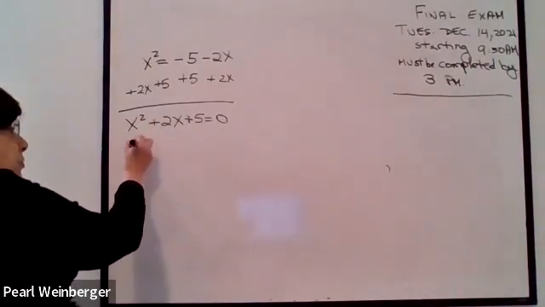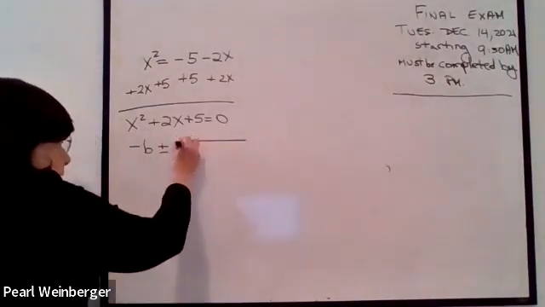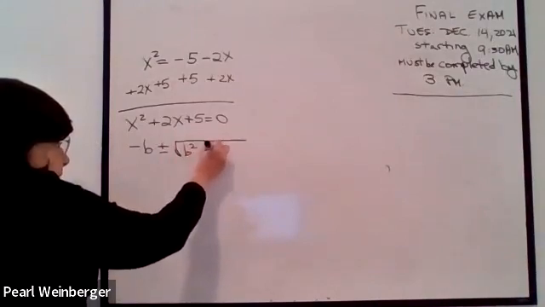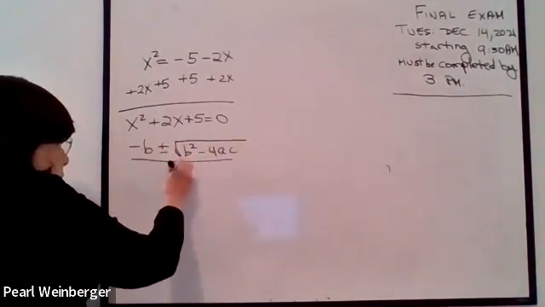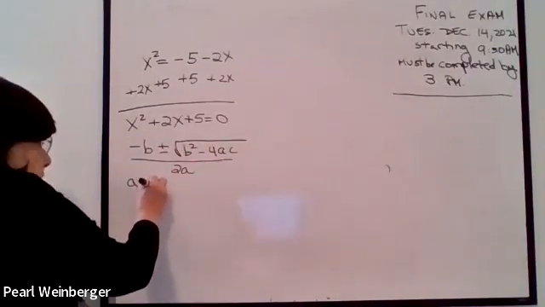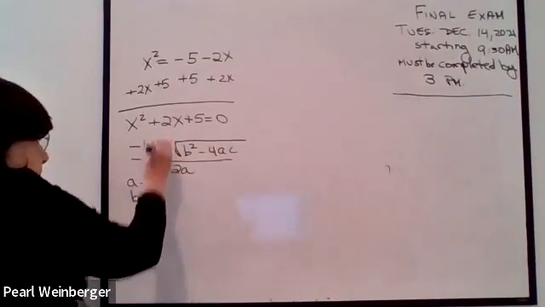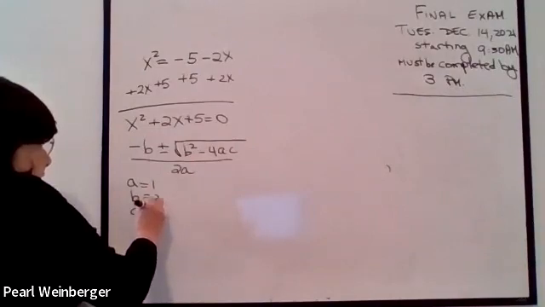Just as a reminder, the quadratic formula is -b plus or minus the square root of b squared minus 4ac, all over 2a. And our a in this case is 1, our b is 2, and our c is 5.